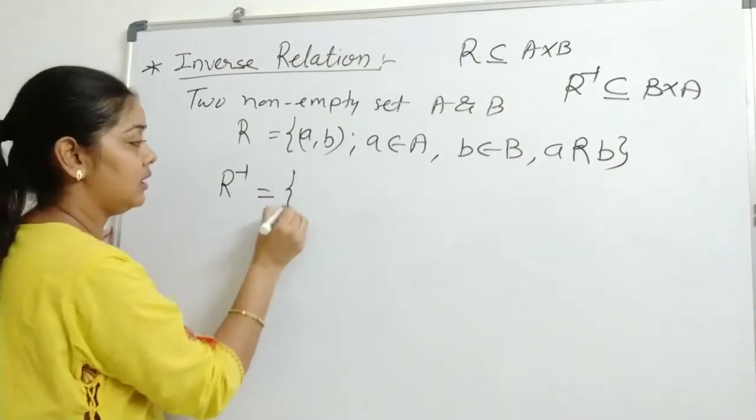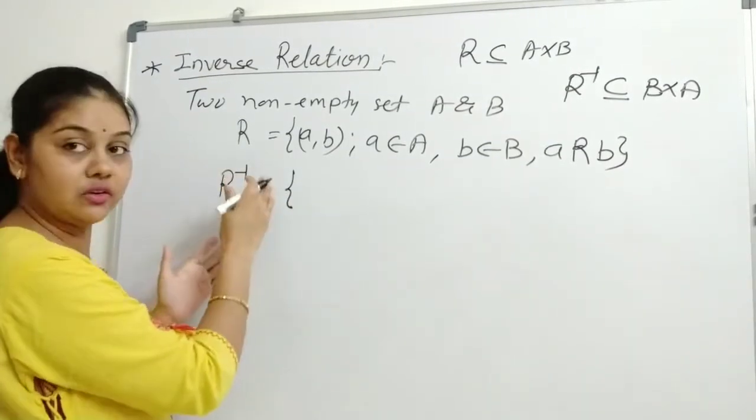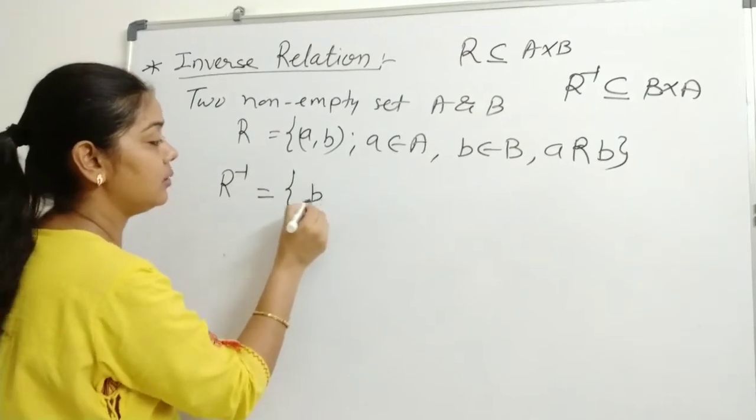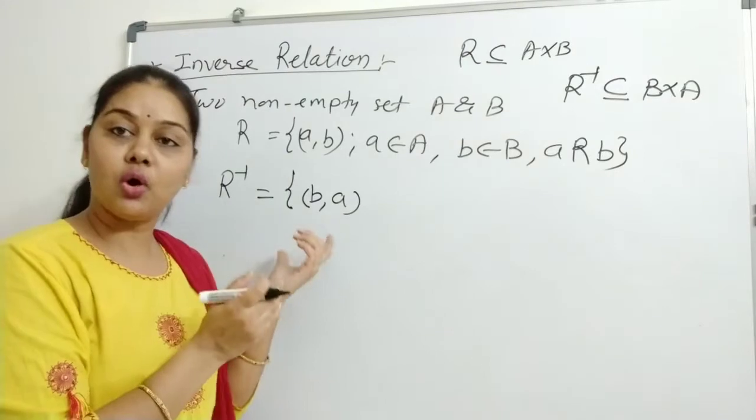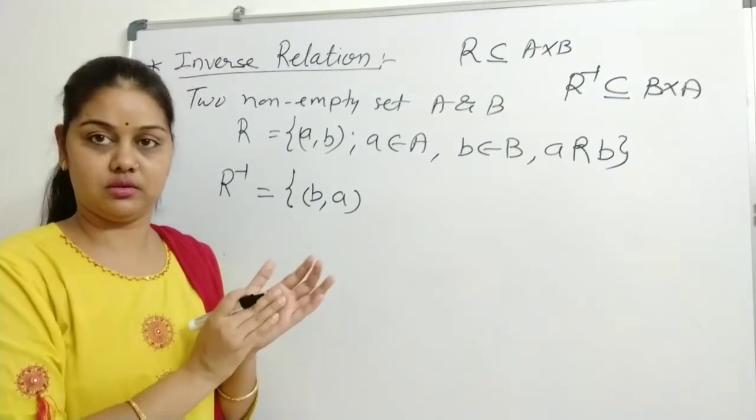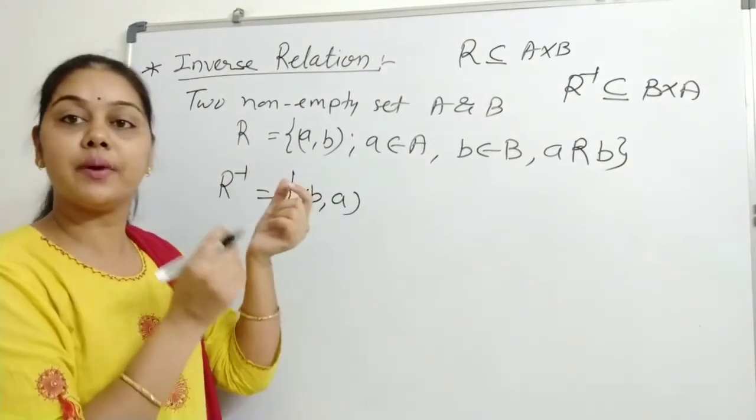It means in R inverse, I am just taking (b, a). We are taking the ordered pair in reverse order. Here I am giving the ordered pair (a, b).